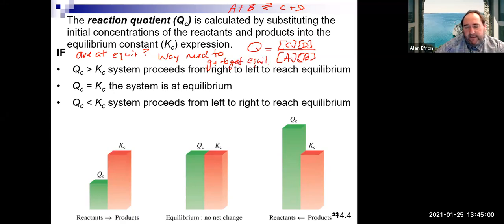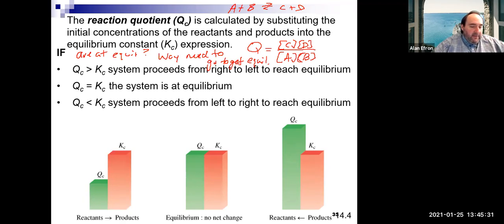So in a true Q problem, what you're trying to figure out is A, are you at equilibrium? And B, if you're not at equilibrium, which way do you need to go to actually reach equilibrium? And what we mean by that is, do I need to go to the right, which means I need to make more products to reach equilibrium? Do I need to go to the left, which means I need to make more reactants to reach equilibrium? That is essentially what we use Q for.